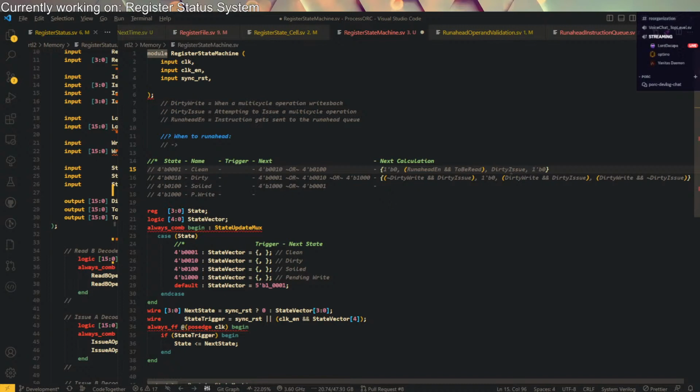So if you're to be read and you're pushing an instruction to the run ahead queue. Okay. If you're issuing a dirty, then you just need to go straight to dirty. You need to skip soiled.